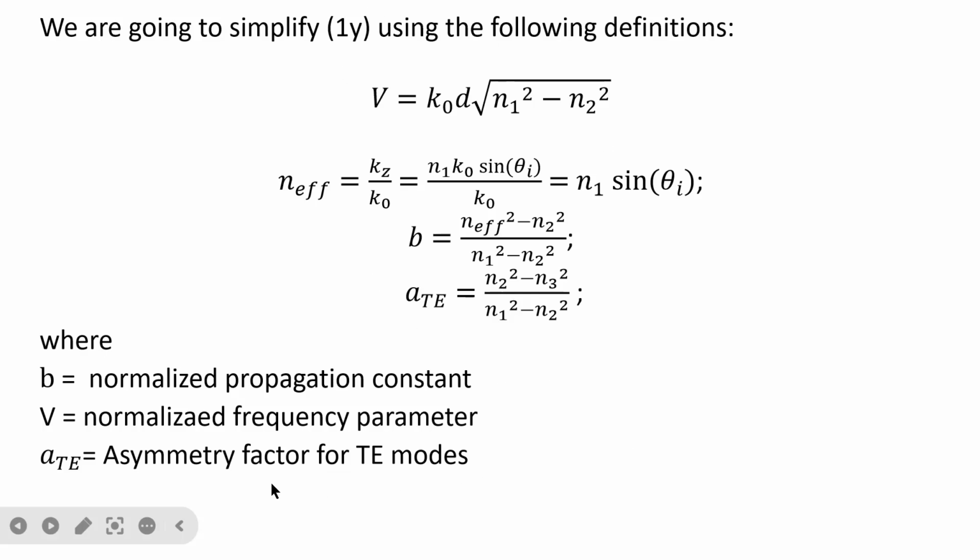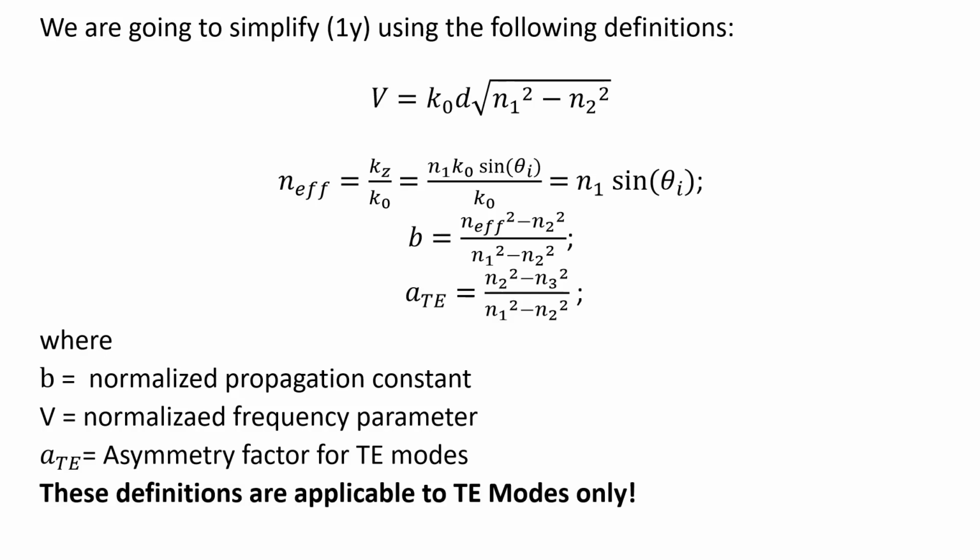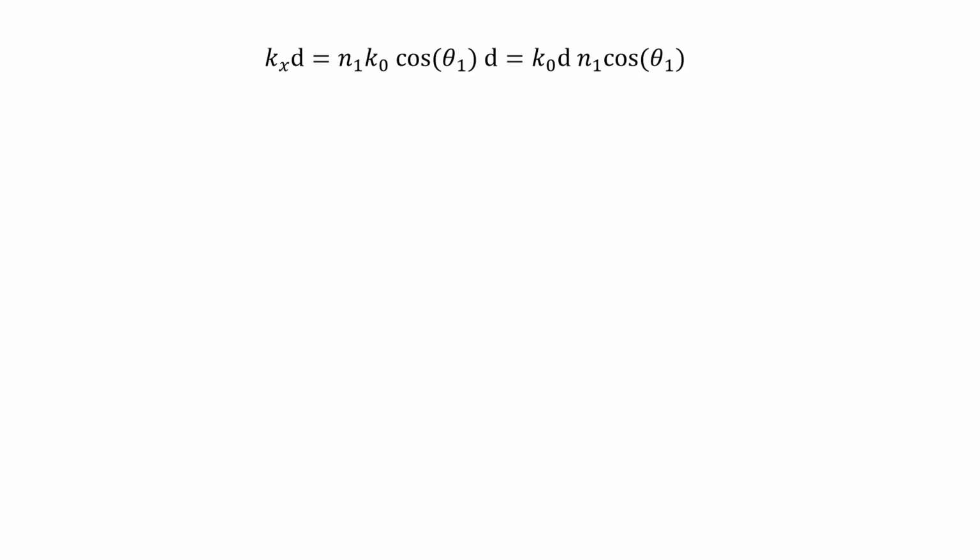In this case, it's the asymmetry factor for TE modes. For TM modes, all these factors have to be modified, and we'll talk about this later. And these definitions are going to be applicable for TE mode only. So let's start with the left equation.